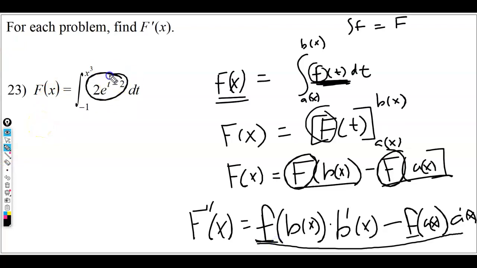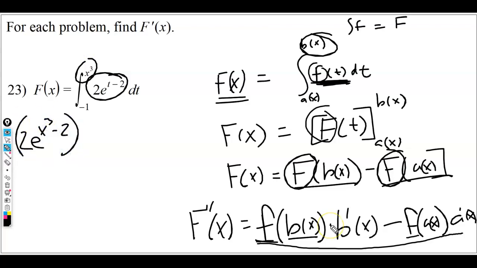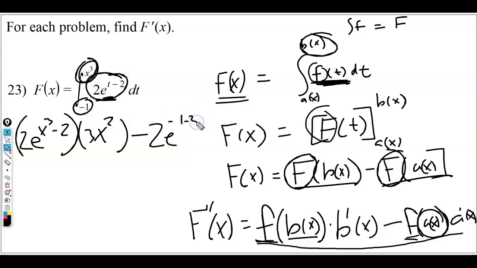We have little f, which is the integrand, and plugged into it is the b function, times the derivative of the b function, minus the little f function again, but this time with the a function plugged into it, multiplied by the derivative of the a function, which is 0. Now in this case, since the a is 0, that whole piece is just going to go away.